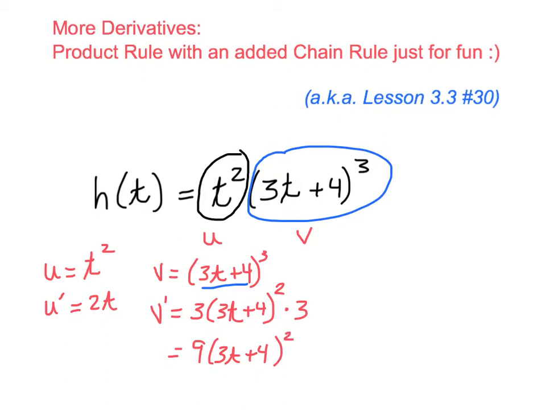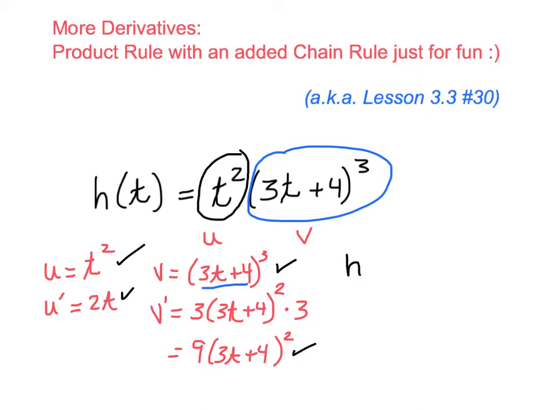So u is t squared. We got it right there. U prime is 2t. V is 3t plus 4 all raised to the third power. And v prime is 9 times 3t plus 4 squared. Then writing out the derivative, which is h of t, will look something like this. I'm going to run out of space here, but I'm going to try and squeeze it in.